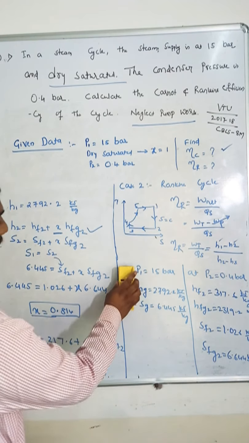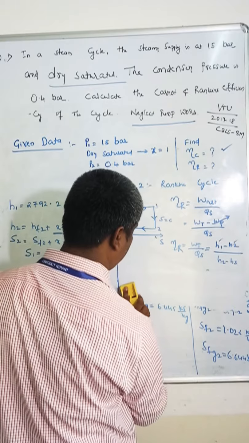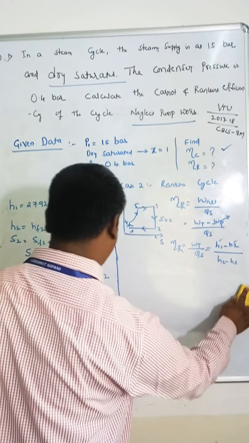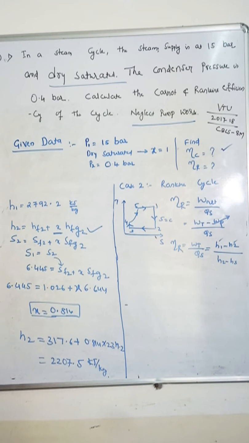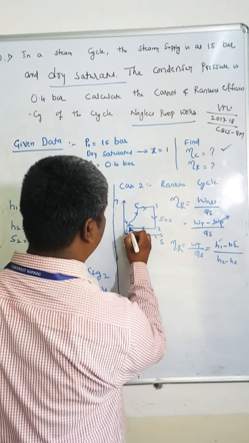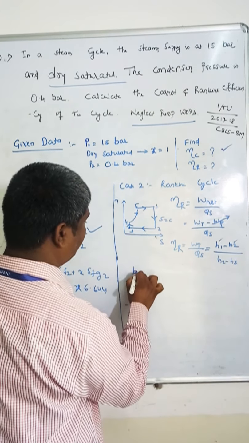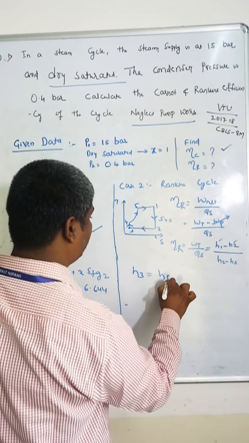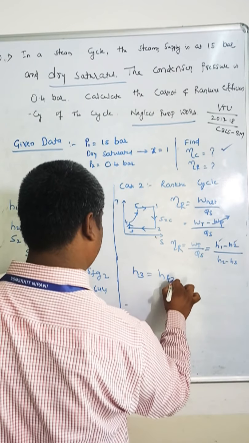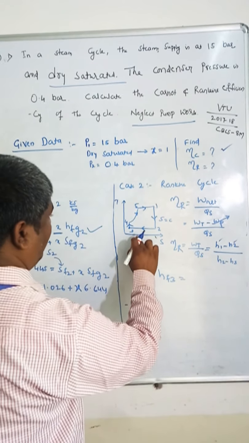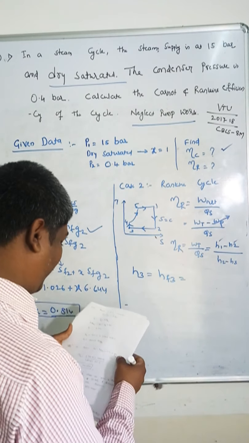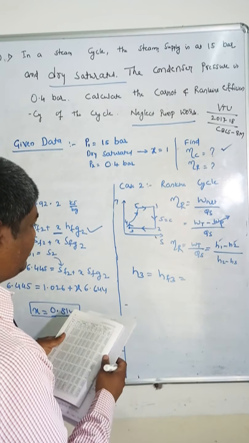So shall I rub this? I'll rub this. So at 3, what is the state of this one? Liquid. Here it is liquid, directly I will take HF3. At what pressure should I take? At pressure 2 only. At 0.4, what is the pressure?